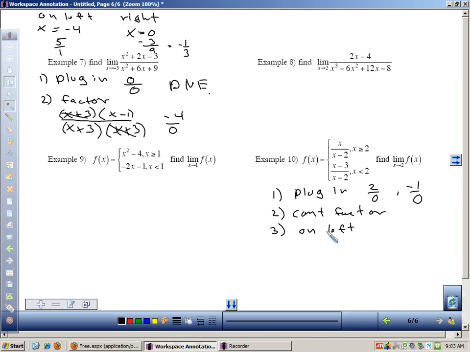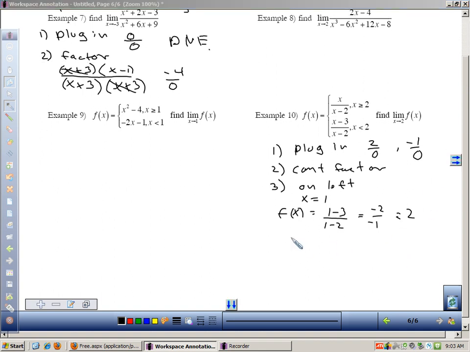I let x equal 1. So we're just a little bit to the left of 2 here, and I plug that in. So my function is 1 minus 3, I'm plugging into this function, over 1 minus 2, equals negative 2 over negative 1, which is 2.